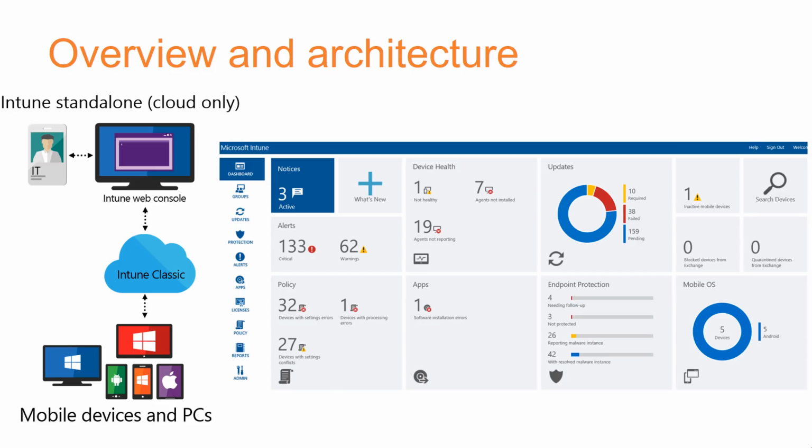Talking about Intune, if you want to manage Windows 7, for example, you're a big company, you have a lot of branches, and your network connectivity between branches and central site is very low.